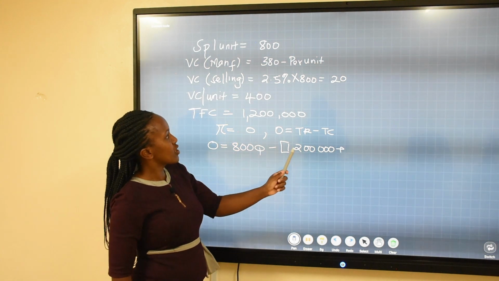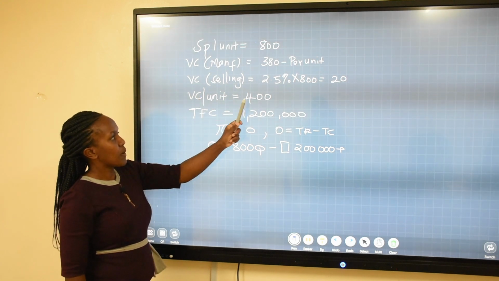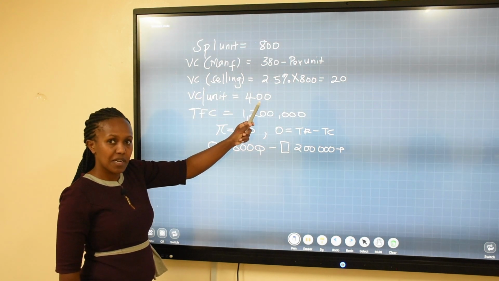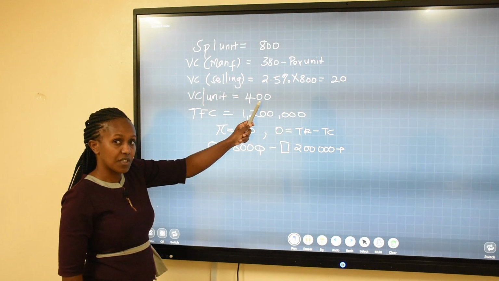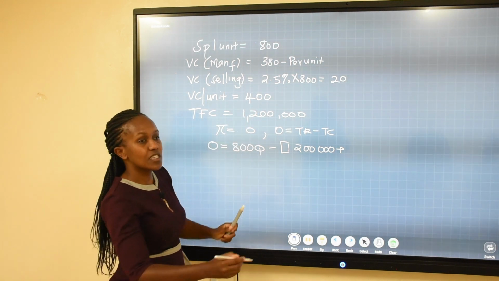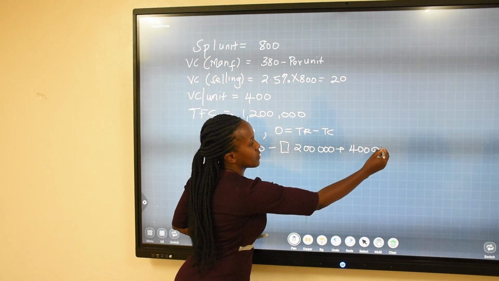Variable cost is the variable cost per unit multiplied by the number of units. We do not know how many units we need to sell to break even. That is what you are looking for. So this is going to give us 400Q.